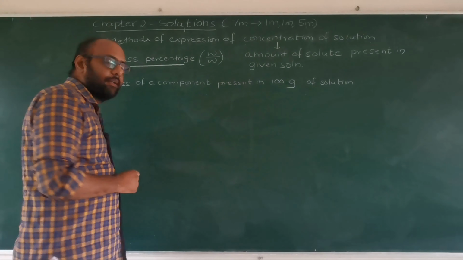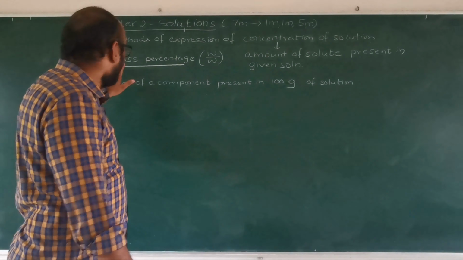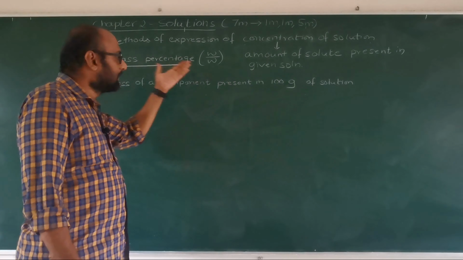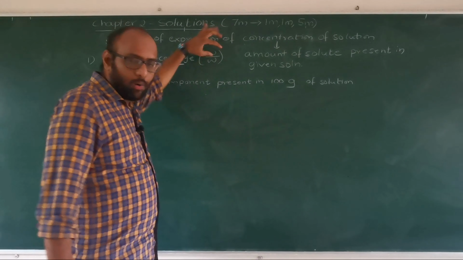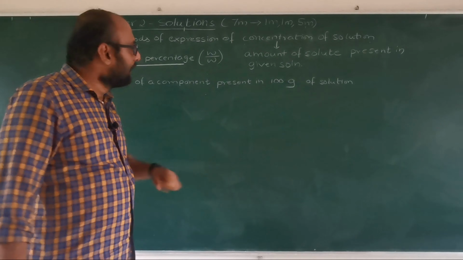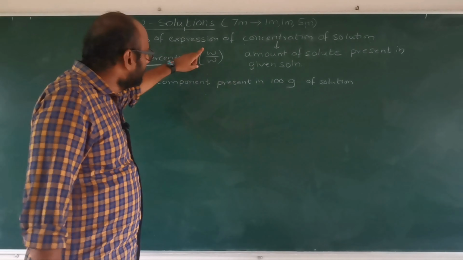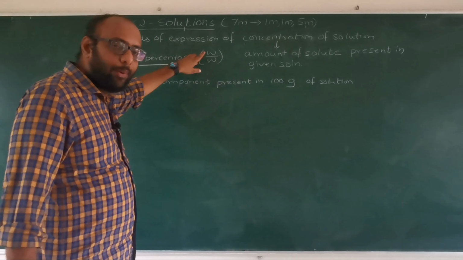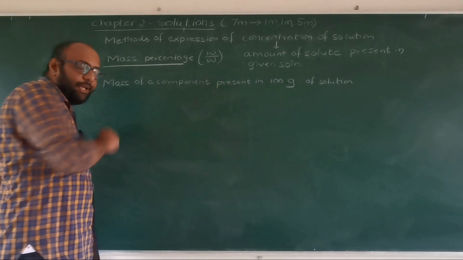Now, the first method to express the concentration of the solution is mass percent or mass percentage. Here you will be considering the mass of solute and solvent as well as the mass of solution. That is why it is known as W by W, weight by weight. Now, what is mass percentage?